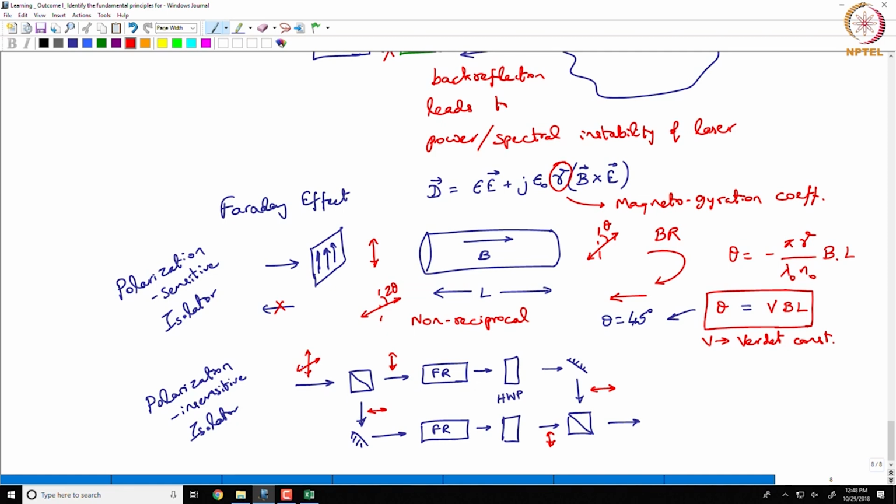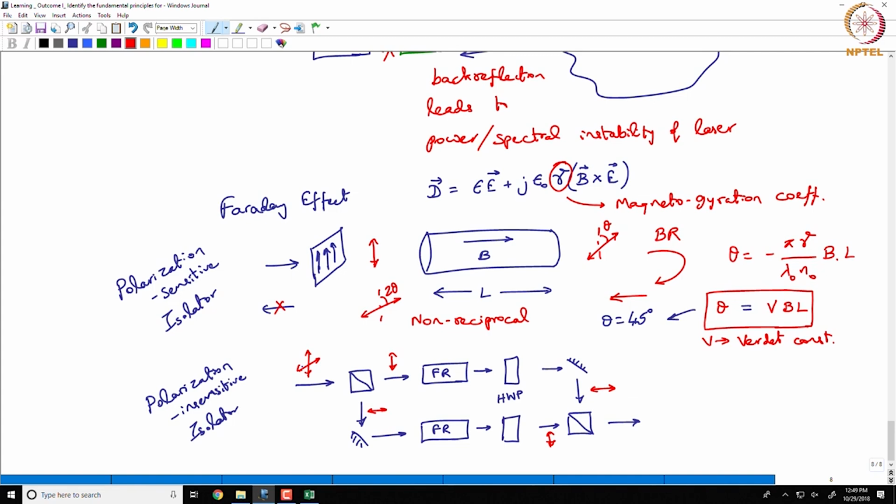And similarly, any arbitrary polarization coming back is going to go through this, what is called the polarization diversity configuration, because it separates out the path for the two orthogonal polarizations, but it effectively will end up blocking the wave just as we talked about.